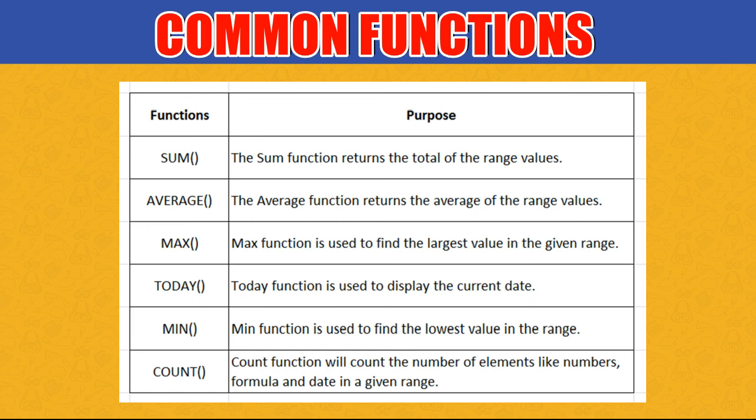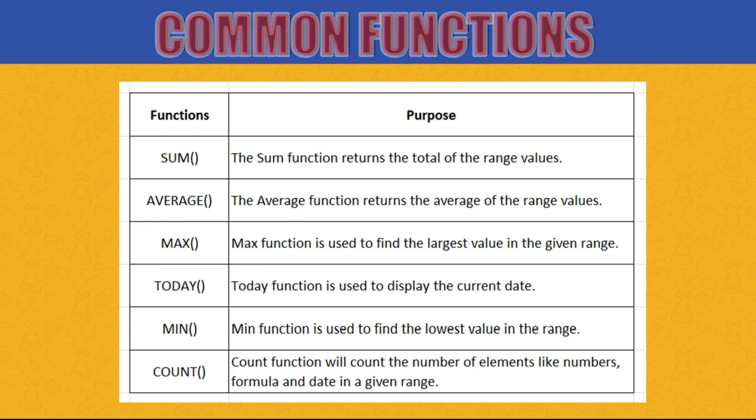Today. Today function is used to display the current date. Min finds the lowest value in the range. Count. Count will count the number of elements like numbers, formulas and dates in a given range. With this, we have finished with the chapter.